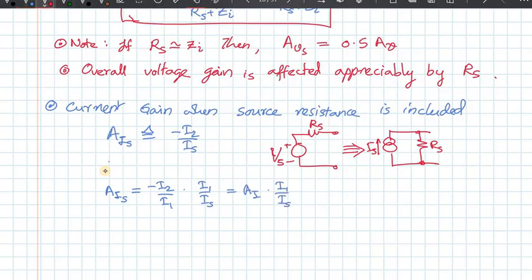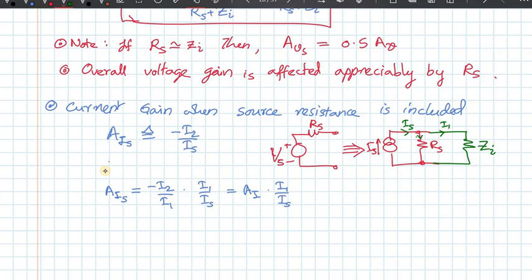Obviously from this circuit again, if you consider this as my Zin, my current through this terminal is I1, and this is IS, so this is the current that passes through RS.